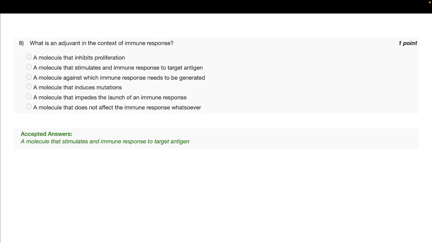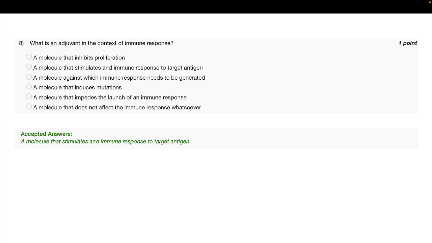Whenever you are administering a vaccine, you have to make sure that the immune response generated against that vaccine is strong and that it stimulates the antigen presenting cells also. In case the antigen presenting cells are not stimulated and only antigen is present, that will actually lead to immune tolerance, which is what we don't want.